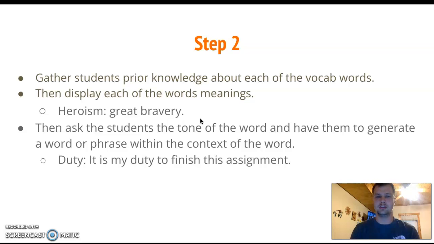I would tell them that. Then ask the students the tone of the word and have them generate a word phrase within the context of the word. This just means you want them to put the word in a sentence so they get a better idea of what's going on. And I did duty, which is my duty to finish this assignment.